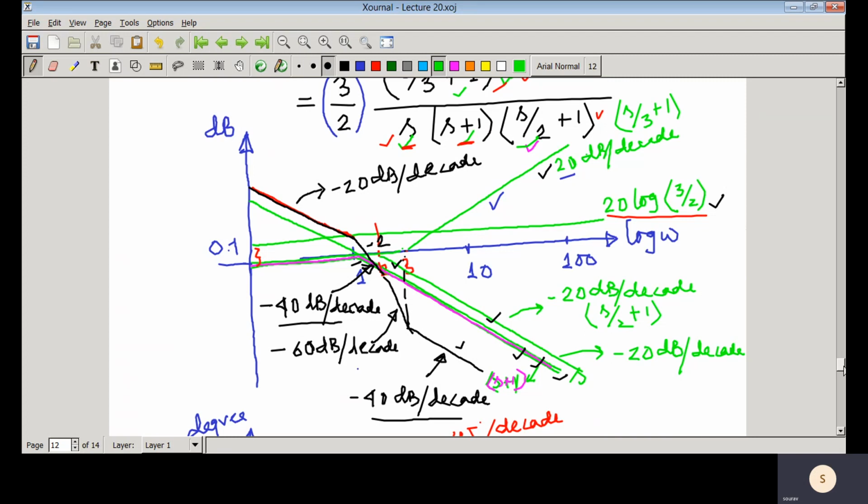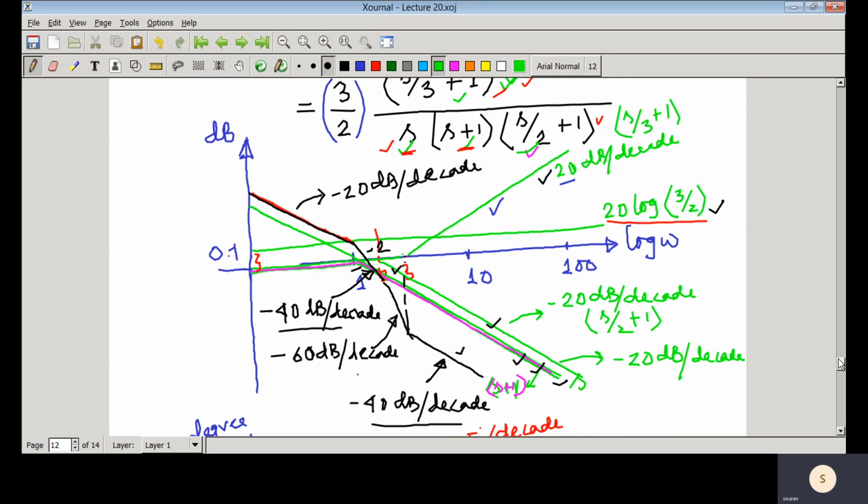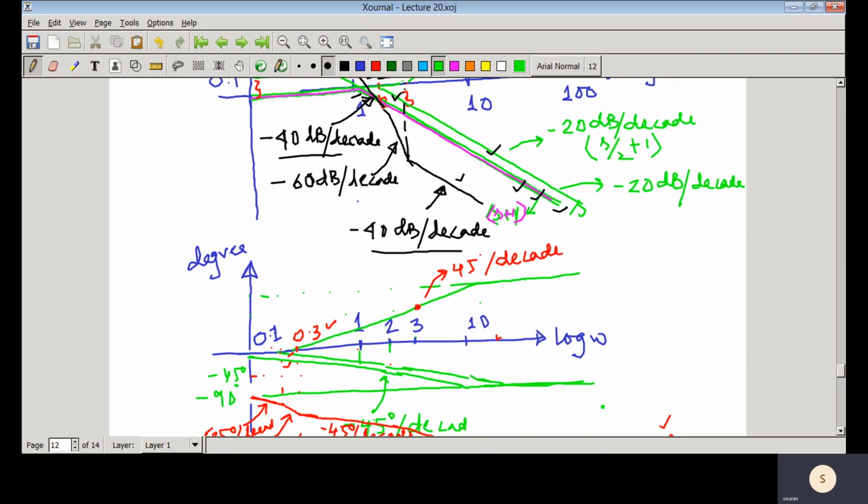So whenever a loop transfer function is given, how to draw that asymptotic Bode plot we have discussed here. So first you draw the individual components and then take a sum, and this is the phase plot. And do not forget to mention the slope as well as the corner frequency.